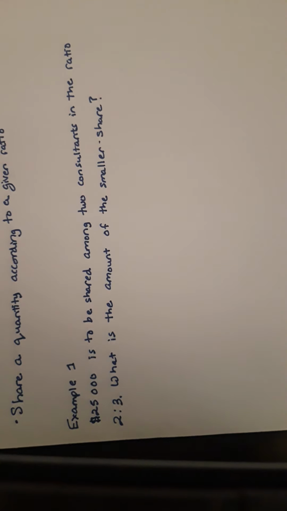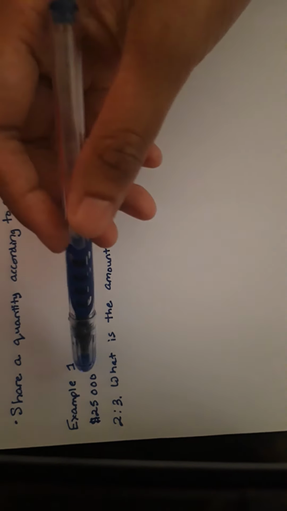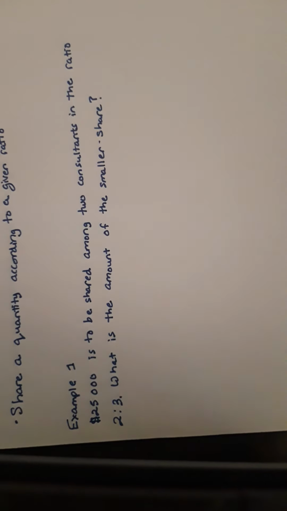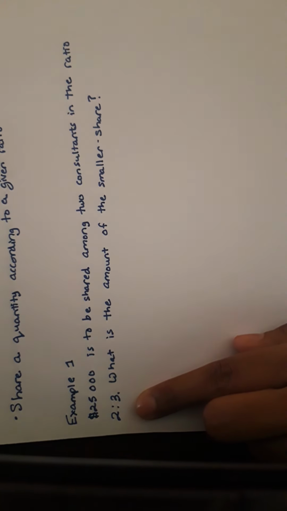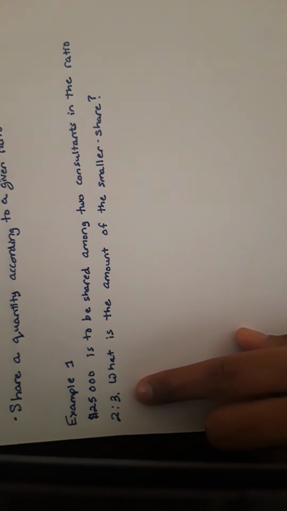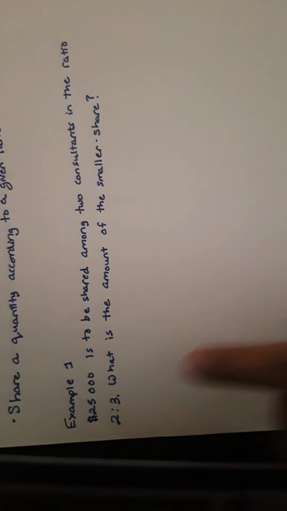So if one consultant is getting 2 and another is getting 3, altogether they have 5 equal shares. So it is as though $25,000 has to be split up into 5 equal parts first, and then consultant 1 will receive 2 of those parts, while consultant 2 would receive 3 of those parts.